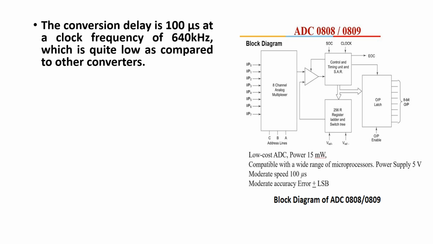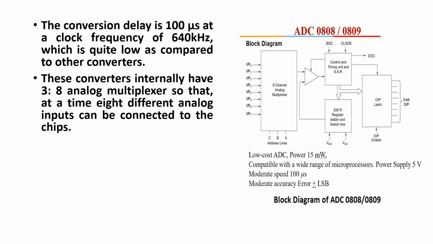These converters internally have a 3:8 analog multiplexer, so that at a time 8 different analog inputs can be connected to the chips. Out of these 8 inputs, only one input can be selected for conversion by using address lines, address A, address B and address C as shown in this diagram.